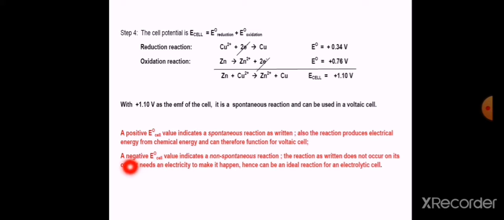If the cell potential is negative, this indicates that the reaction is non-spontaneous, meaning it will not occur on its own. Thus, it will need electricity so that the reaction will happen. So this is ideal for an electrolytic cell.